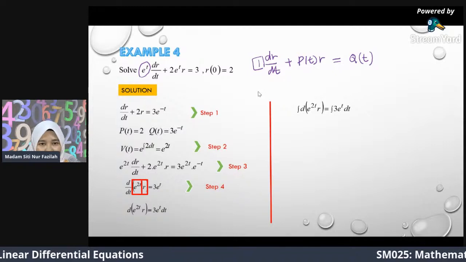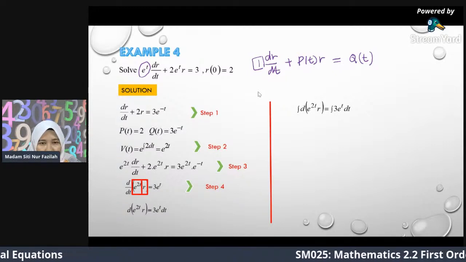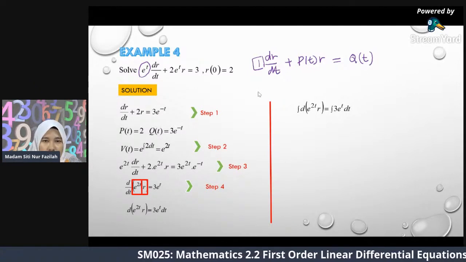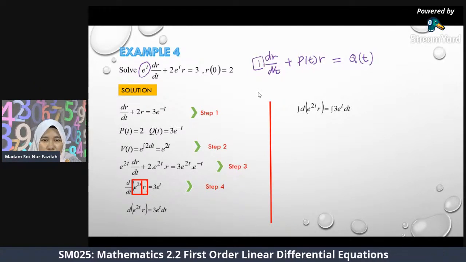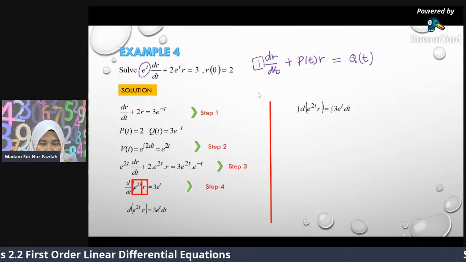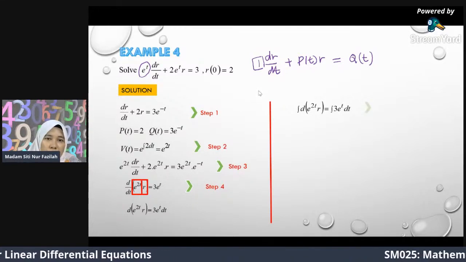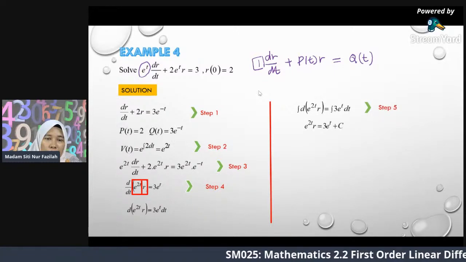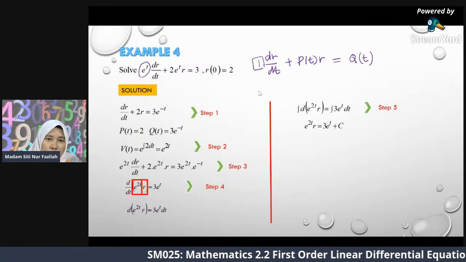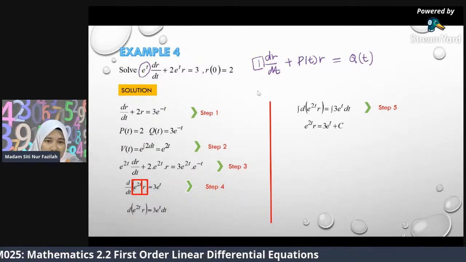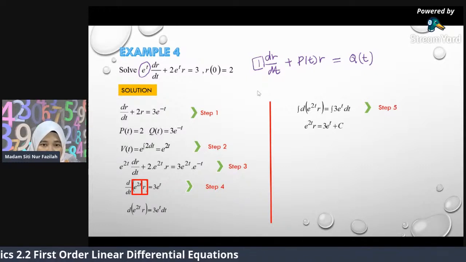For the integration, the left-hand side gives e^(2t) r, and for the right side, integrate 3e^t. We can use the basic rule for exponents. The answer is e^(2t) times r on the left side, equal to 3e^t + c on the right side.